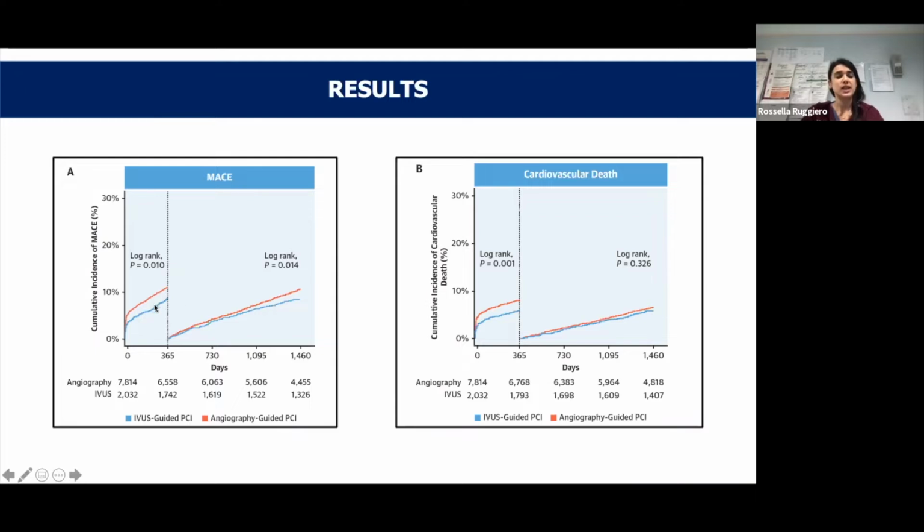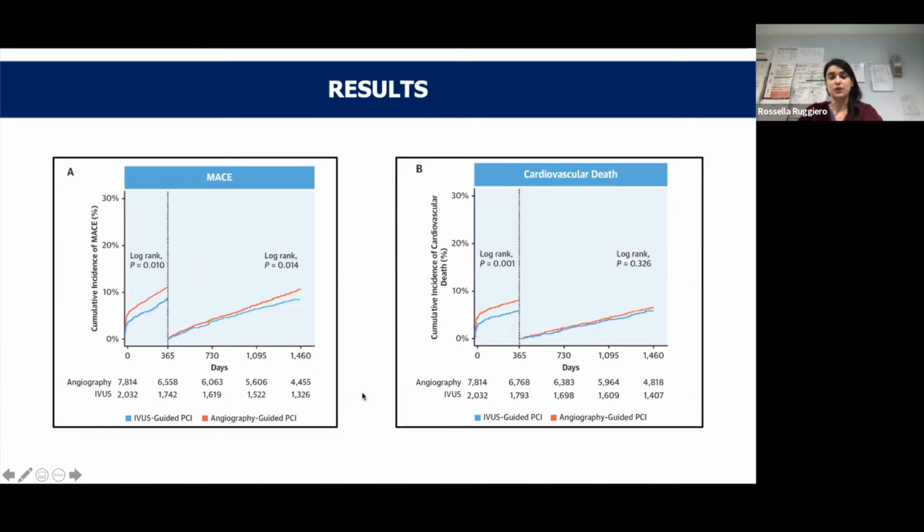And as you can see, the benefit derived from the IVUS-guided PCI was consistent. It persisted both within 1 year and from 1 year to 4 years.